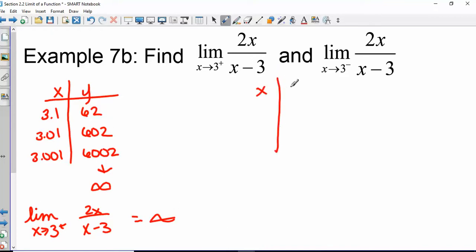The other direction. So anything smaller than 3.